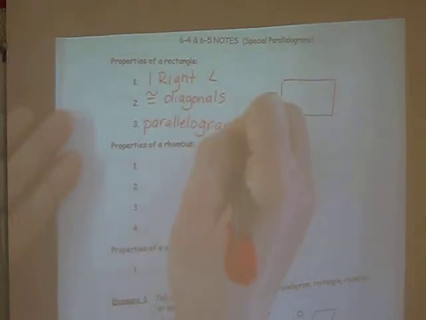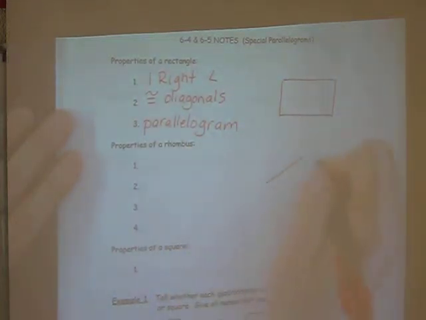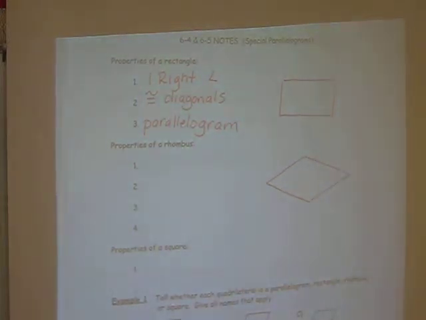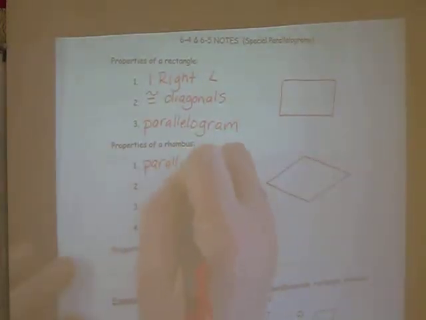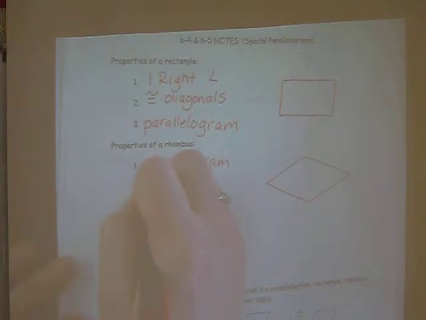A rhombus, I'm going to draw a rough one over here. You might have referred to a rhombus as a diamond in the past. A rhombus is a parallelogram, so everything that's true for a parallelogram is also true for a rhombus.